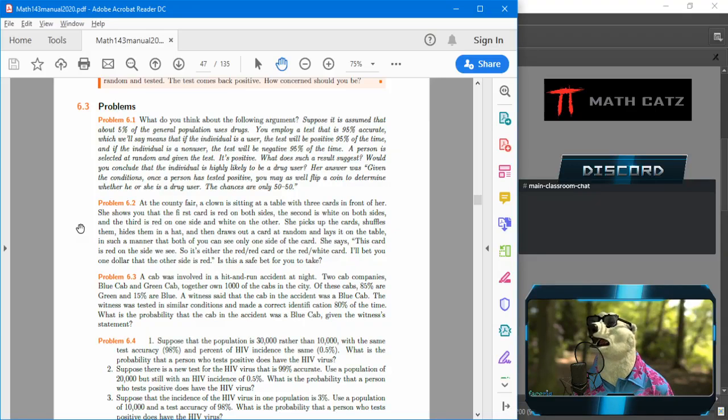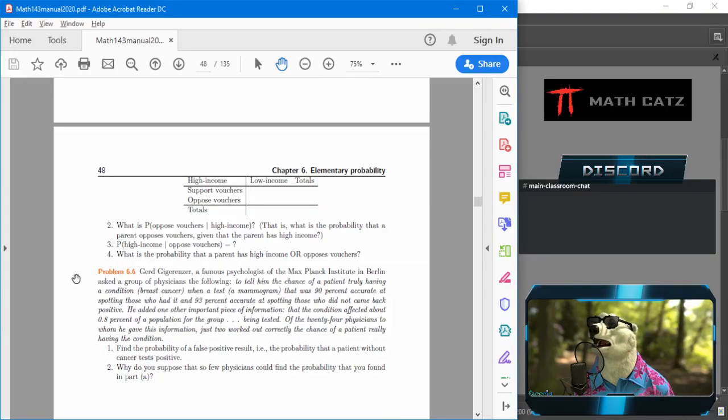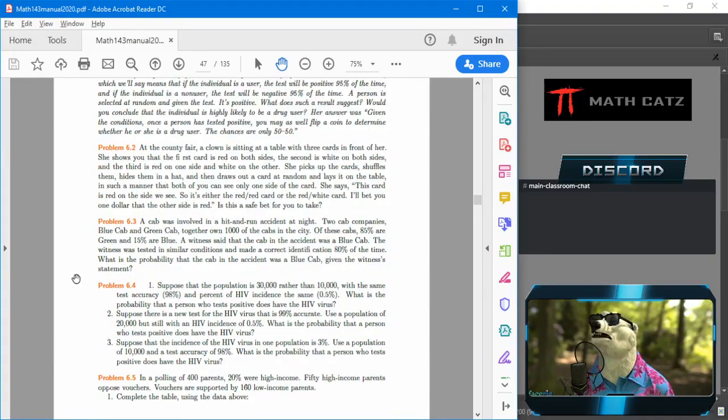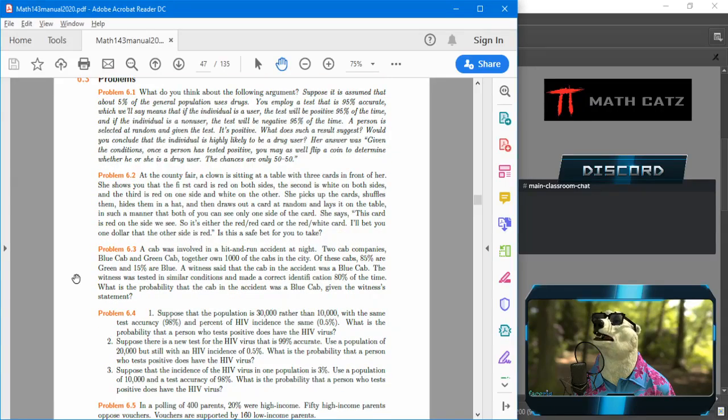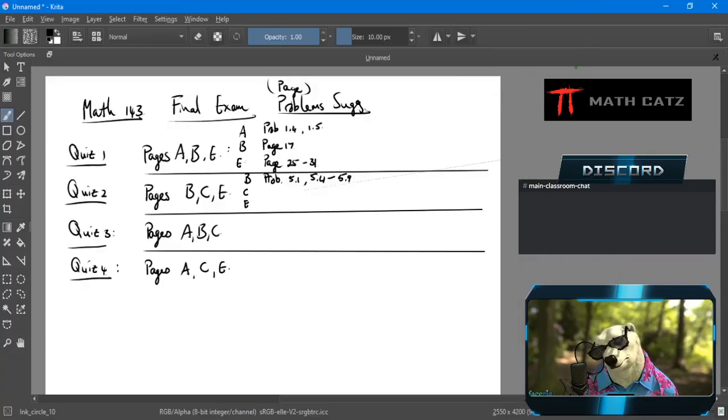The wording in 6.1 is a little more difficult, but it's a nice question still. 6.1, 6.3, 6.4, 6.5. So problem 6.1, 6.3 to 6.5. All right.